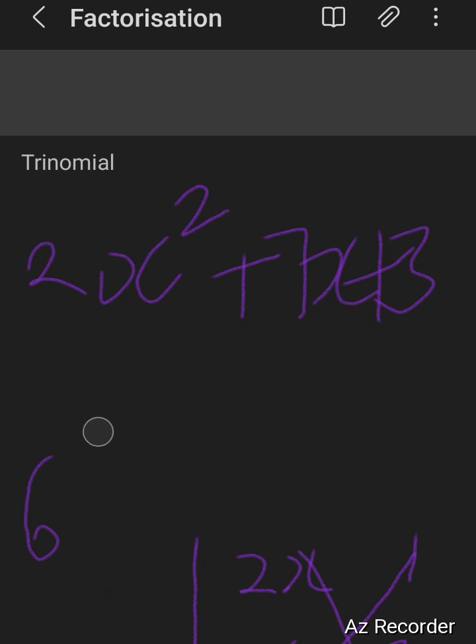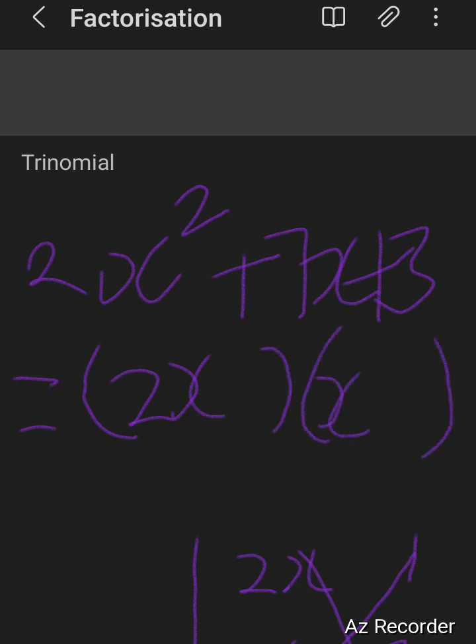So let's erase and let's apply. So you have 2x here. Remember, it's still a second degree equation. So 2x will go with 1 and x will go with 3, as the factors state. Because our third term, or the constant, is positive, both of them will take the sign of the coefficient of 7x.